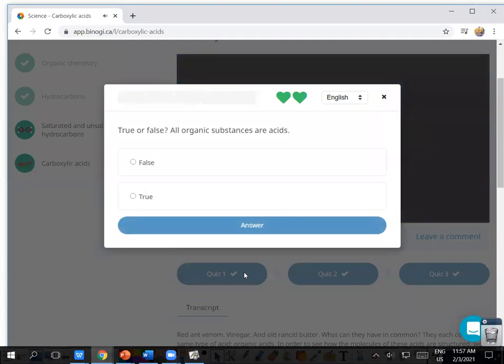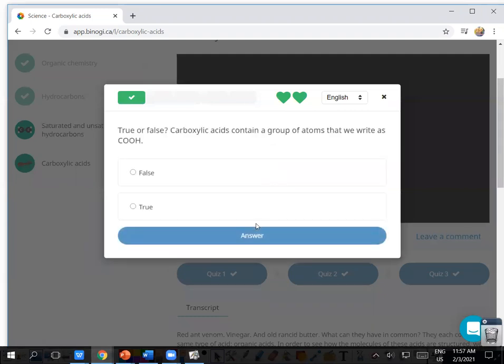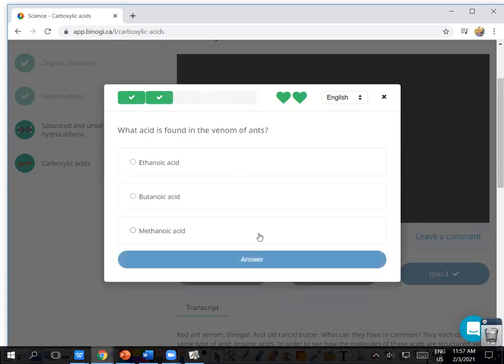First question, true or false? All organic substances are acids. No. False. True or false? The next question, carboxylic acid contains a group of atoms that we write as COOH, the carbonyl group. What acid is found in venom of ants?